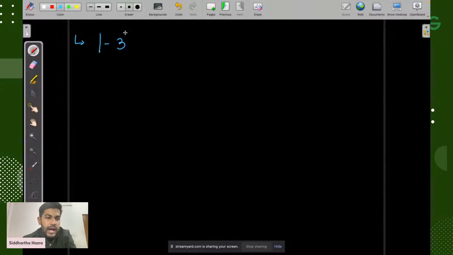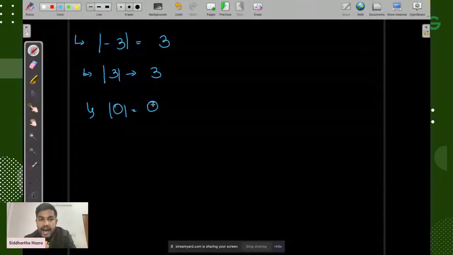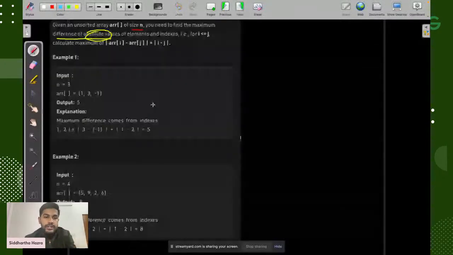If we take the absolute value of it, this is how we represent absolute values, the value would be 3. If we have just 3, then the weightage of the number is always 3. And if we have 0, then it would be 0 only. So basically we won't have negative values. The answer would always be non-negative, that means 0 or greater than 0. Now let us go back to this.